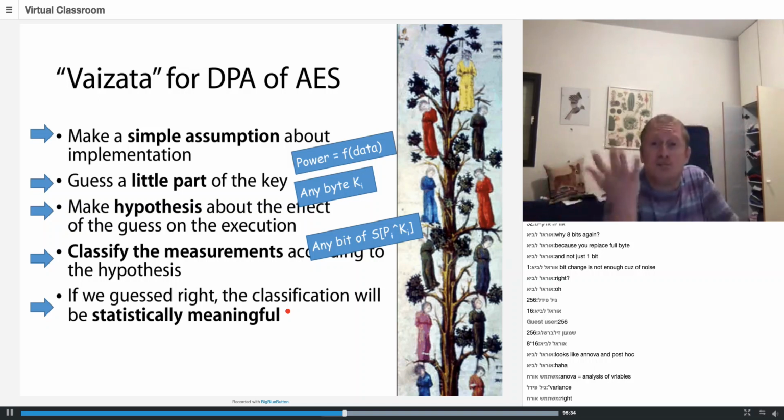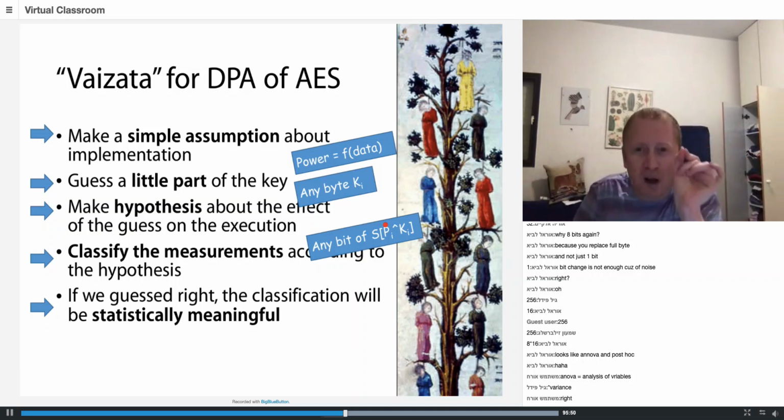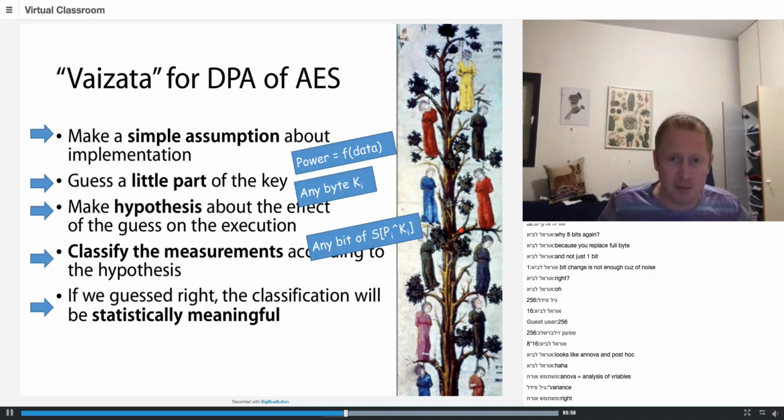And most of these points, the power is not a function of this because this is not what's going on the bus. Most of the time, the power is a function of something else. So most of the time, I'm going to get nonsense. Only in a very, very short period will this data actually be on the bus. And then I'll get a statistically meaningful reading.